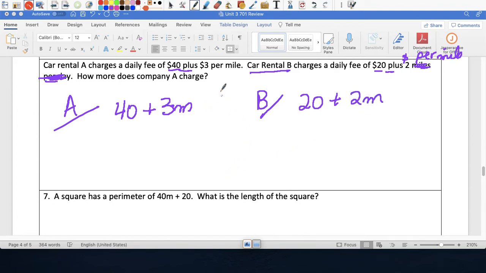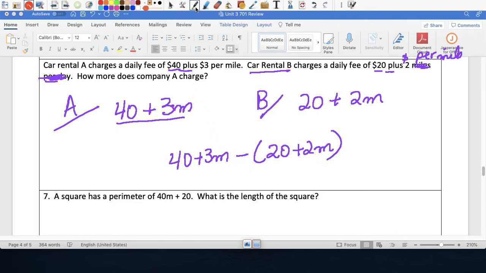Now, who is the more expensive one? This guy is the more expensive one. You can tell it's more expensive, but by how much? So we're going to go 40 plus 3M minus 20 plus 2M. Okay. Remember, there's an invisible one here, so we're going to do the distributive property.